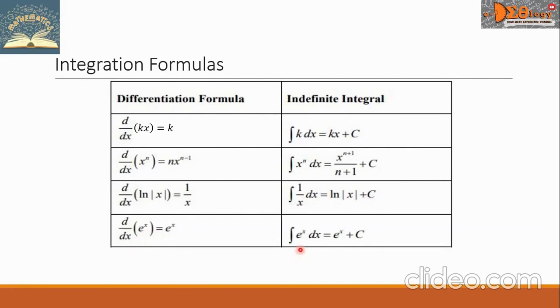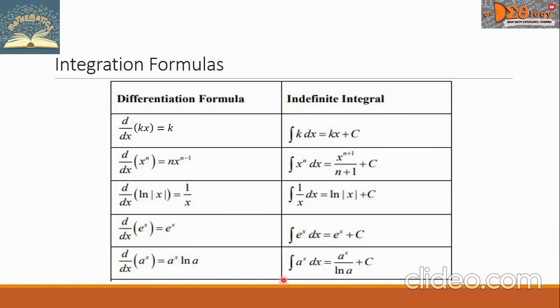The integral of e raised to x dx equals e raised to x plus c. The derivative of a constant a raised to x equals a raised to x times ln of a. The integral of a raised to x dx equals a raised to x all over ln of a, then plus c.